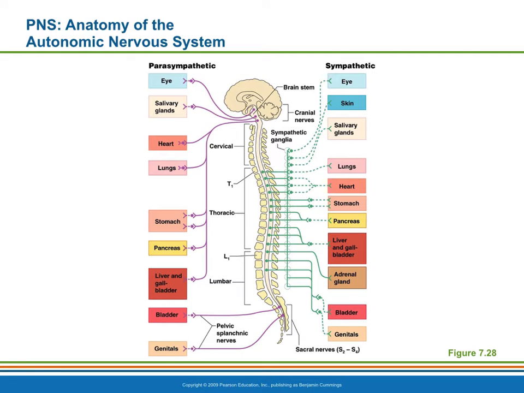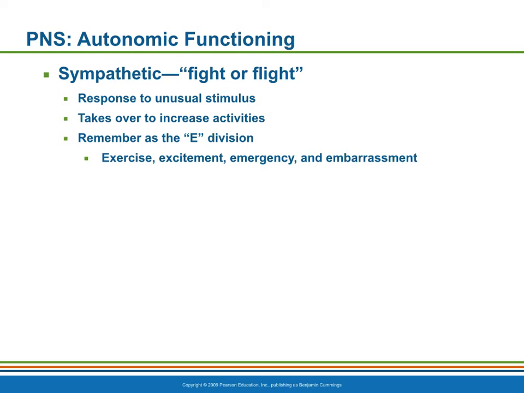The solid lines represent preganglionic fibers and dashed lines indicate postganglionic fibers. So basically you've got two neurons that are coming together to reach out to the different organs and glands.